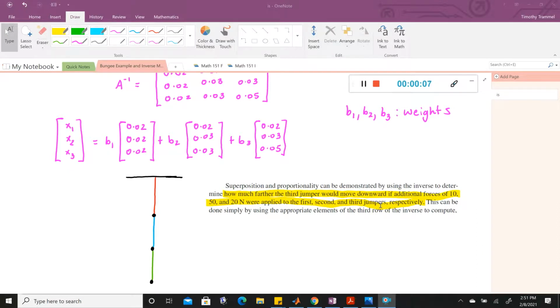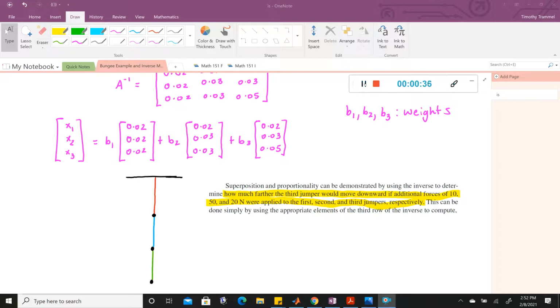I'd like us to do one last thing here, and that is to really answer this highlighted question. Determine how much farther the third jumper would move downward if additional forces of 10, 50, and 20 newtons were applied to the first, second, and third jumpers respectively.